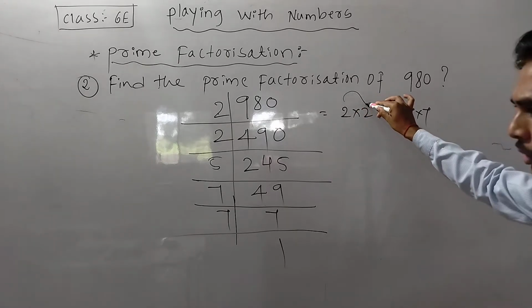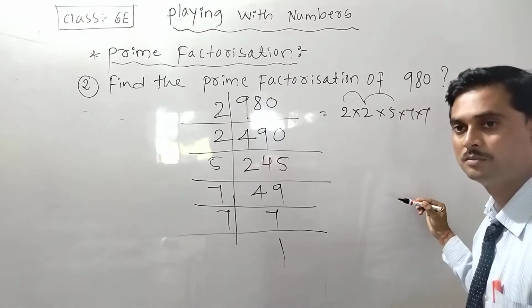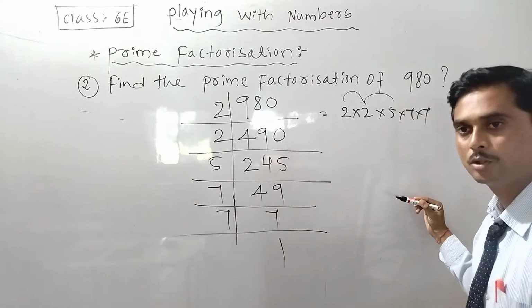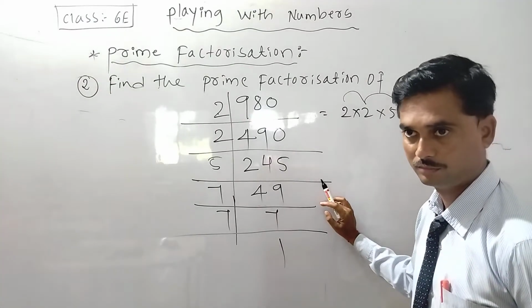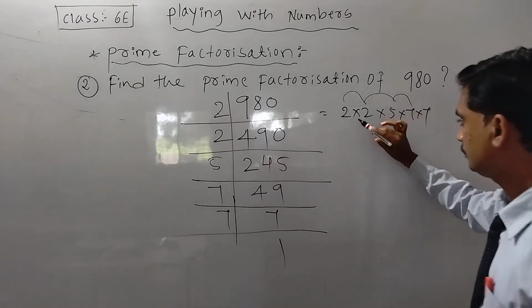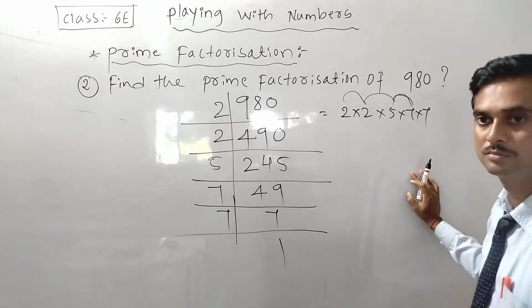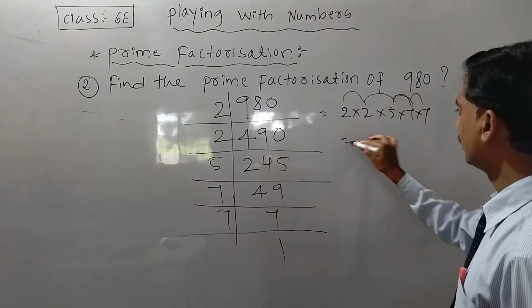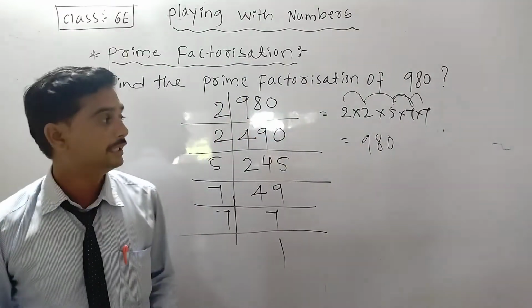Okay, 2 times 2, 4 times 5 is how much? 20. 20 times 7 is 140, 140 times 7 is 980. This is called prime factorization.